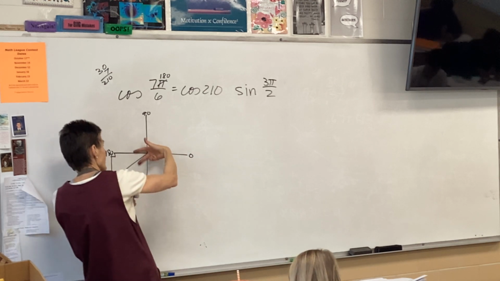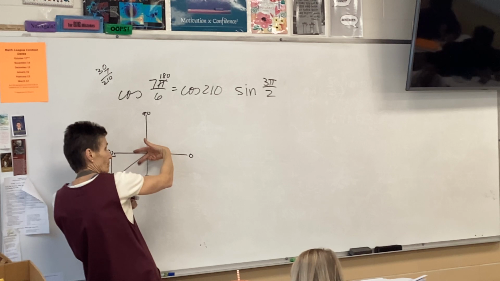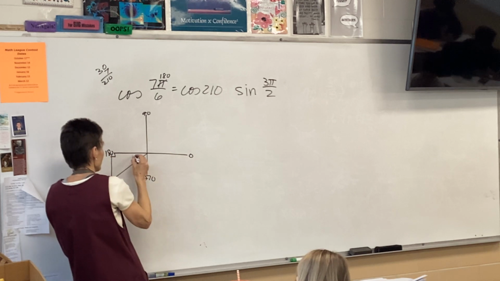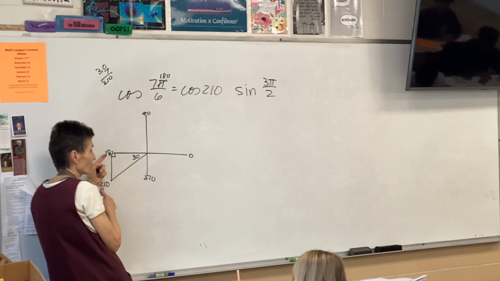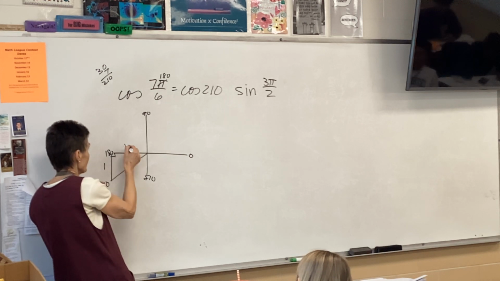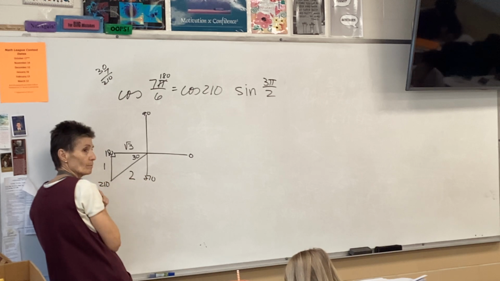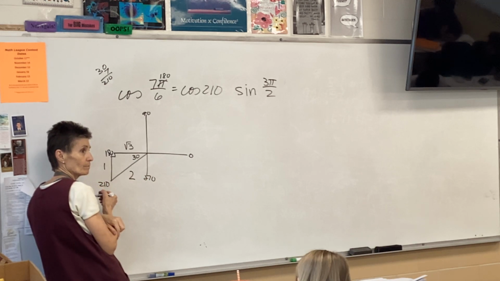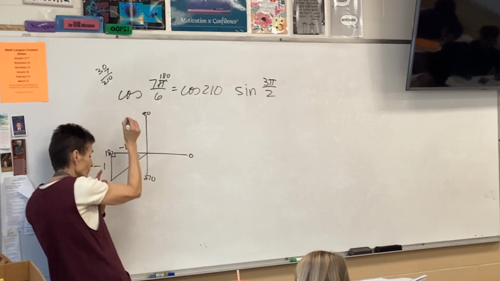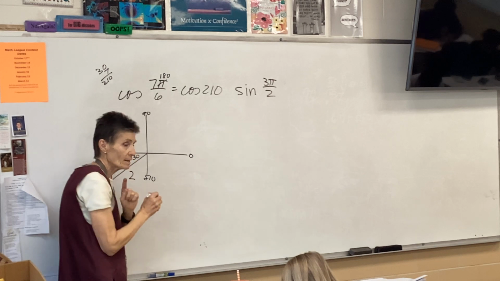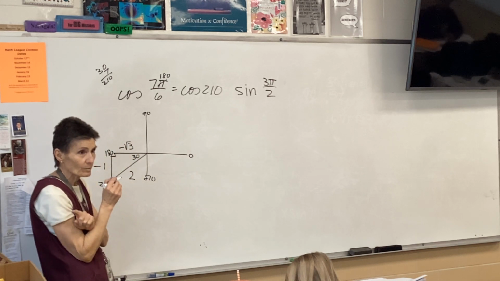And I figure out this angle. It's 30. That's 30. Perfect. Beautiful. 180 to 210. So 1, root 3, and 2. And they're both negative because I am in quadrant 3.